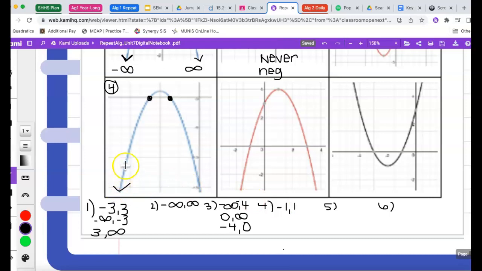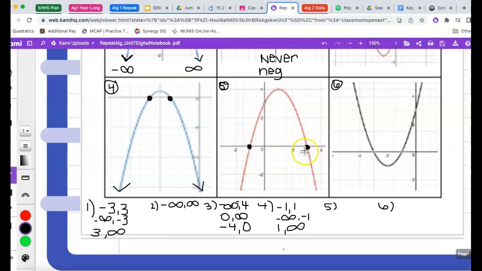From the left arrow up to -1, this little side of the graph is negative. So from negative infinity to -1. And then from this little point all the way down to the right arrow, so from +1 to the right arrow, which is positive infinity. So far we've had 3 intervals for most of them except for number 2. Here are our x-intercepts.